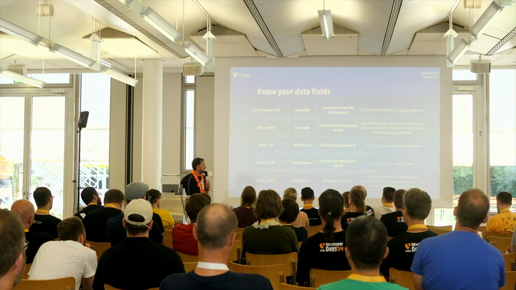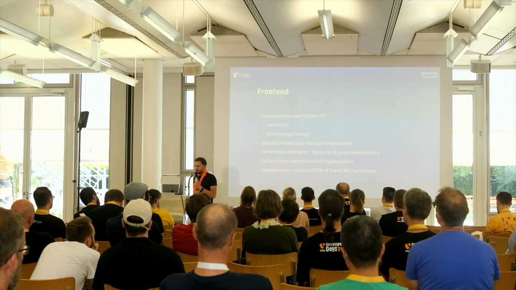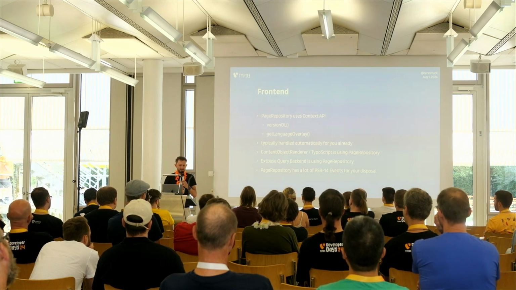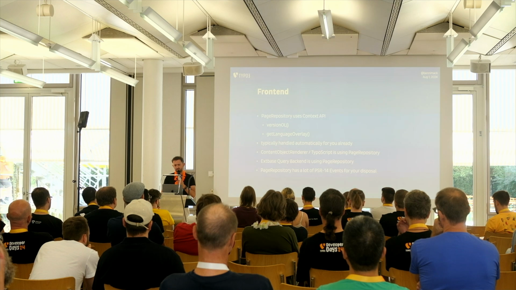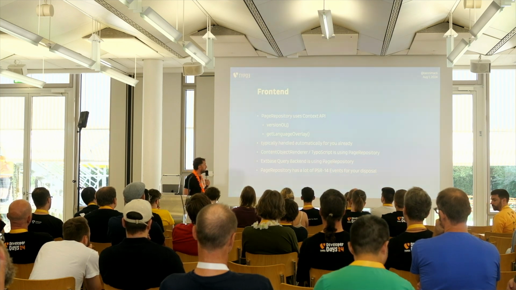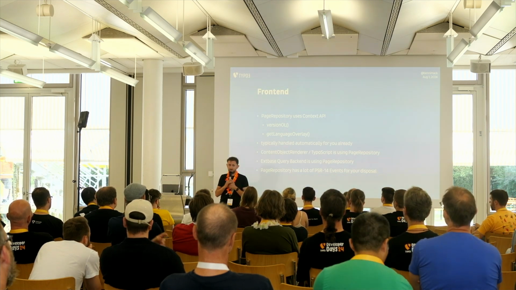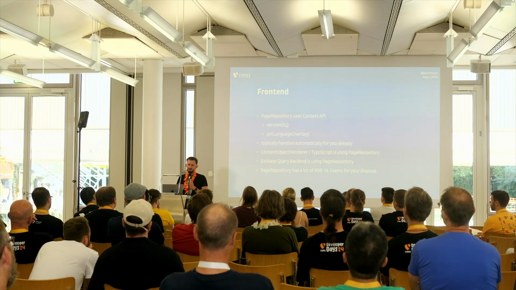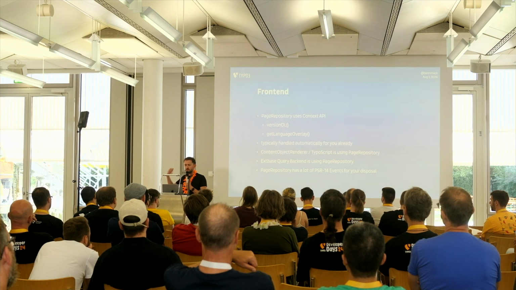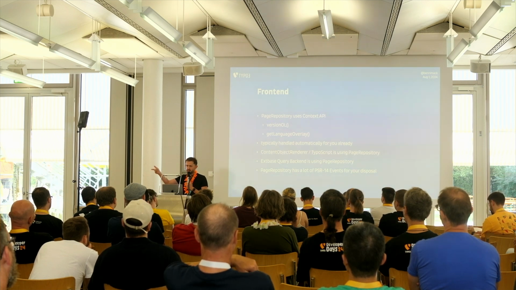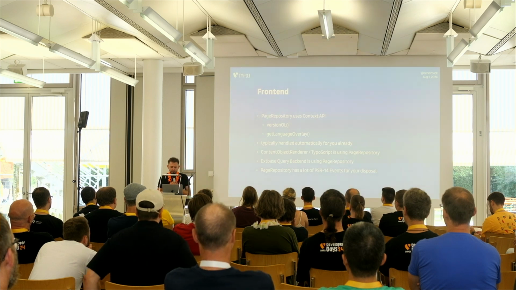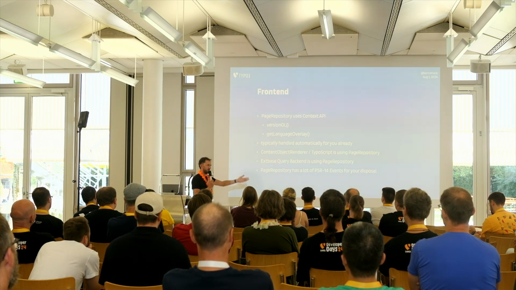But now let's jump into the APIs. One of the classes I really like is the PageRepository class. Even though it's called PageRepository, it does everything for you with the context API. You create a new PageRepository with a specific context, like language ID 3 and workspace ID 1, and then you say getRecord.